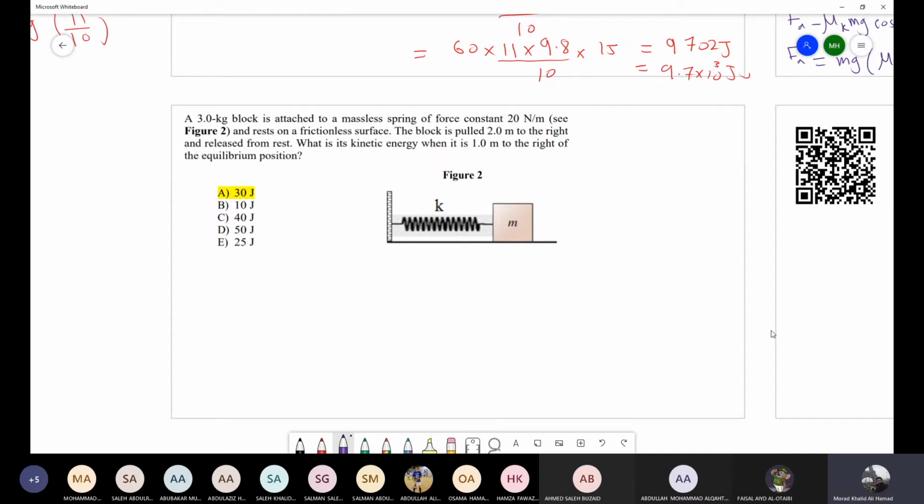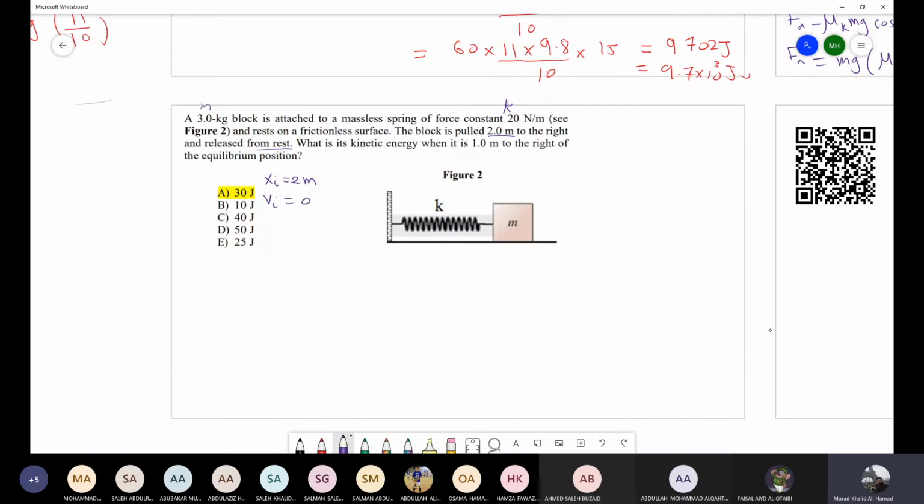This is chapter 7, guys. Okay, here we have a 3 kilogram block attached to a massless spring of force constant K equal to 20 Newton per meter, see figure, and it rests on a frictionless surface. The block is pulled 2 meters to the right, which means X initial is equal to 2 meters, and released from rest, meaning V initial is equal to 0.